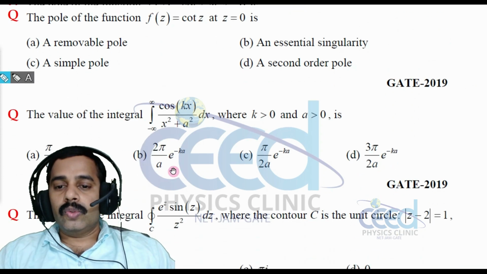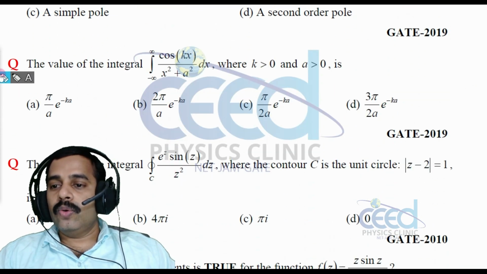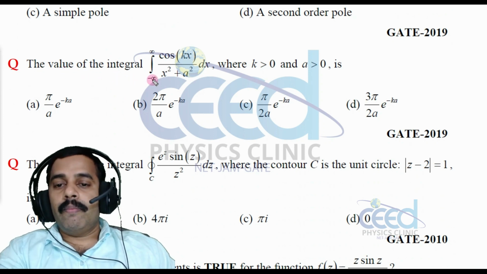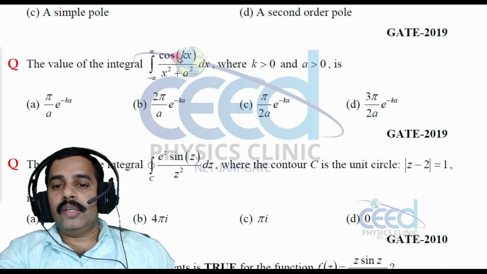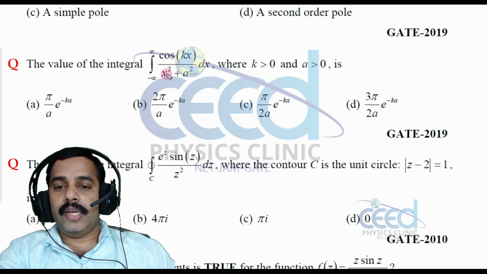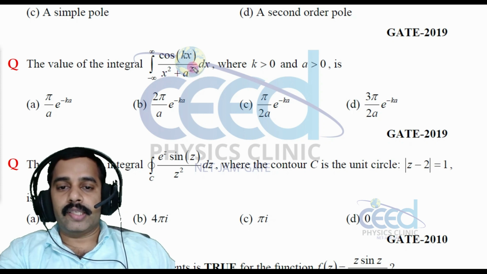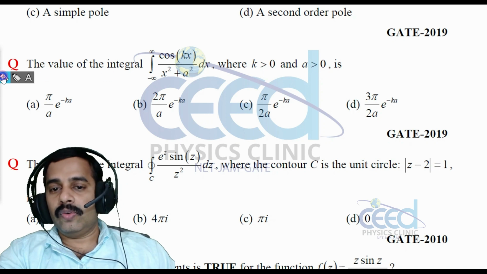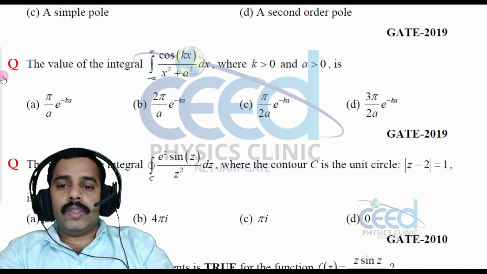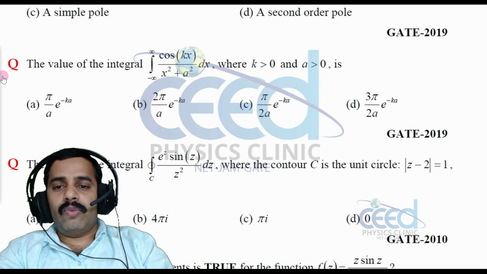All right. Now let us go to another question. The value of the integral from minus infinity to infinity of cos kx divided by x square plus a square dx, where k is greater than 0 and a greater than 0. All right. So we have already discussed the theory of doing this kind of function.